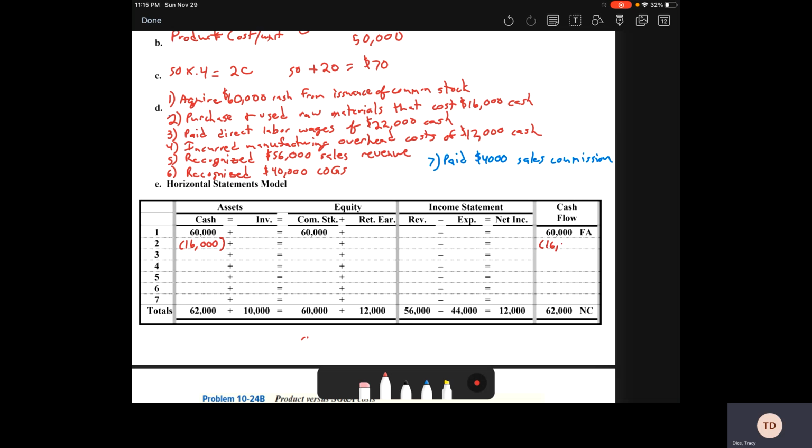So our statement of cash flows goes down, and it is an operating activity because we're purchasing raw materials. But now, is that an actual expense? It is not, because we're using those raw materials to make our inventory. So that 16,000 is going to go into our inventory.